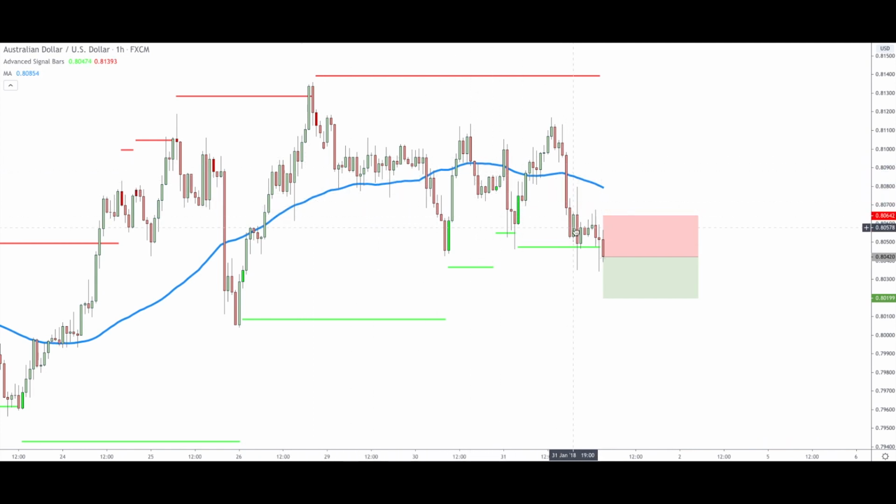It's a very good indication that the uptrend should be over, and especially in this case, where we see that the pace of the price being below the moving average is increasing, it should be a very good indication that we are at the beginning of a downtrend.